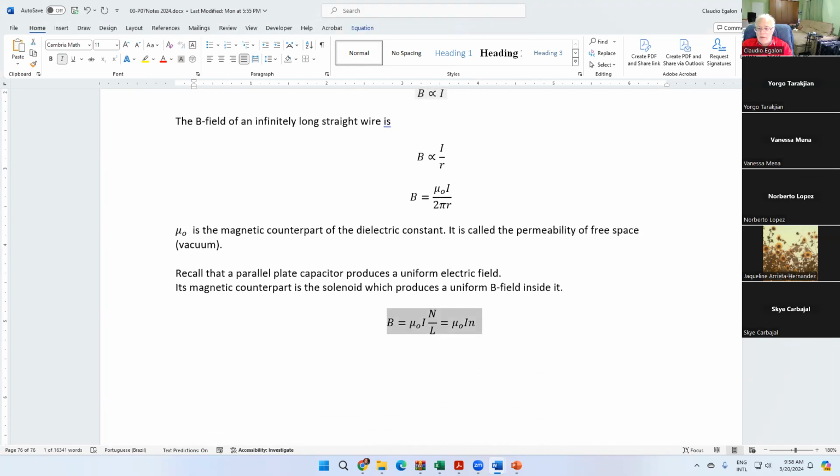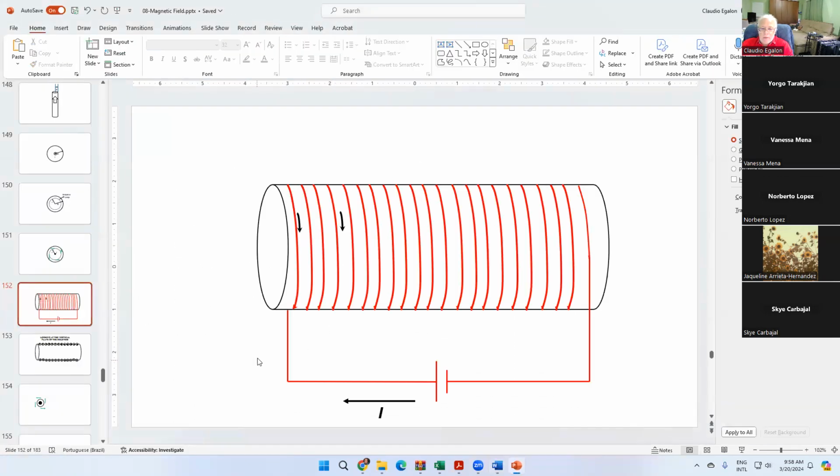And here's the solenoid. That's what I mean by solenoid. The wires turn around this tube, completing a circuit and producing a uniform magnetic field here inside. Okay?